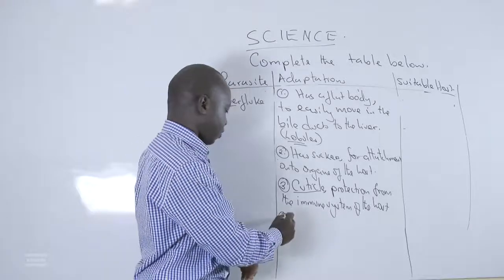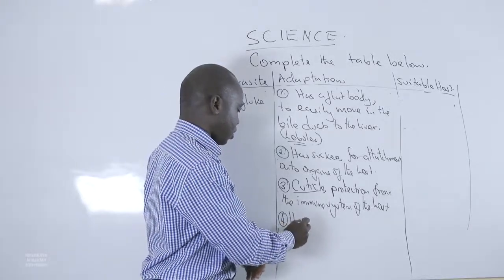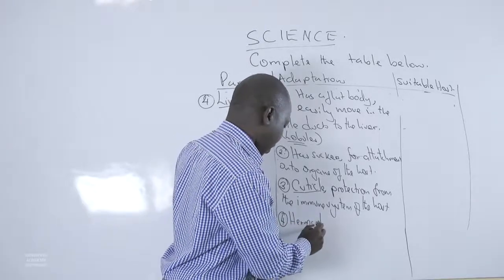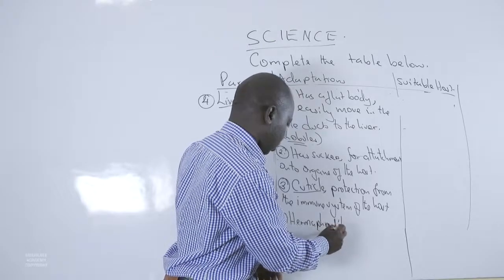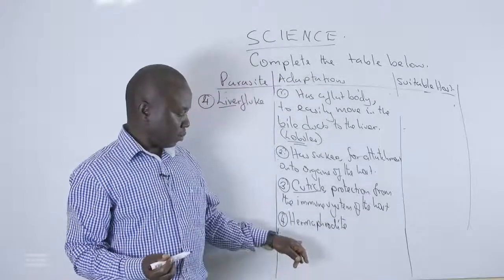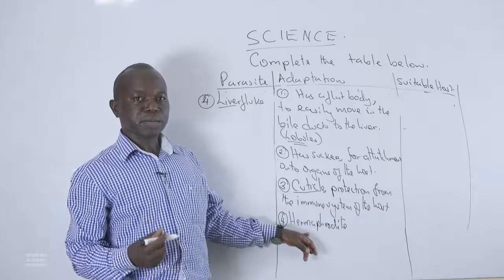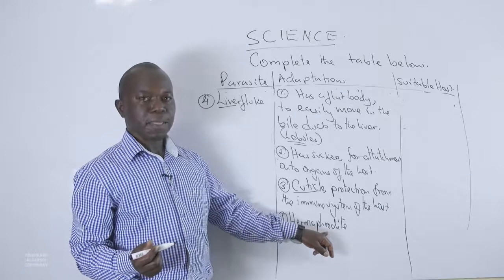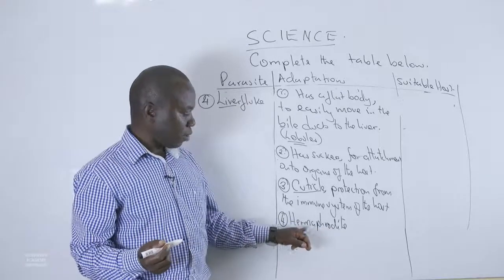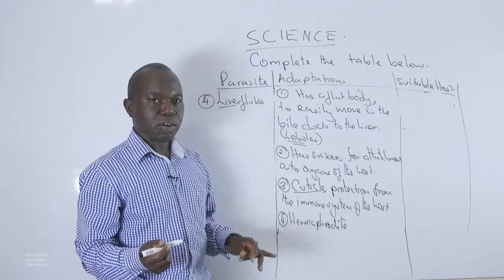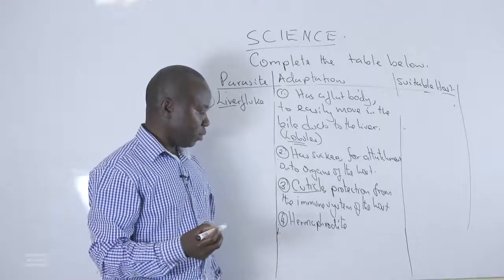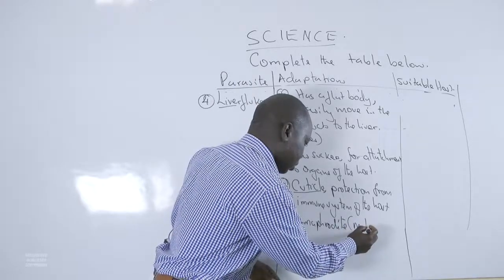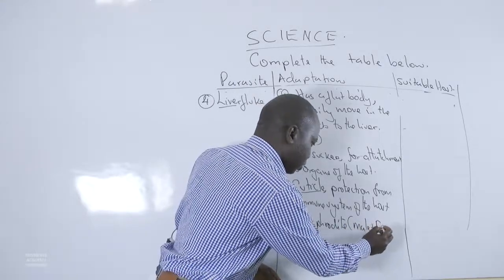The other feature is that the liver fluke is hermaphrodite. Maybe it's the first time you have come across this term. Hermaphrodite means an organism having both male and female organs on the same individual.